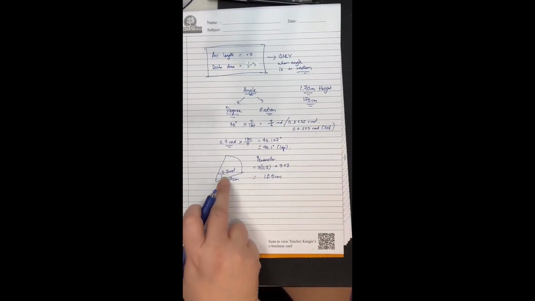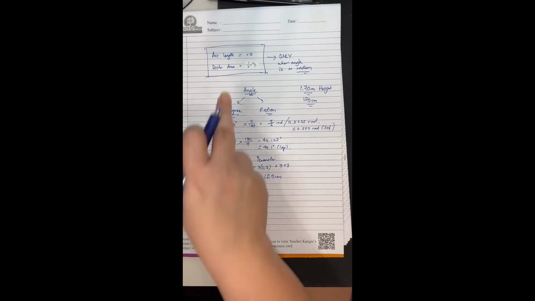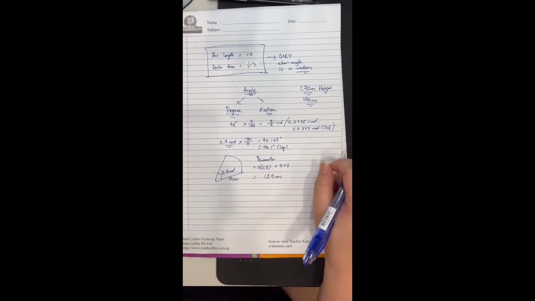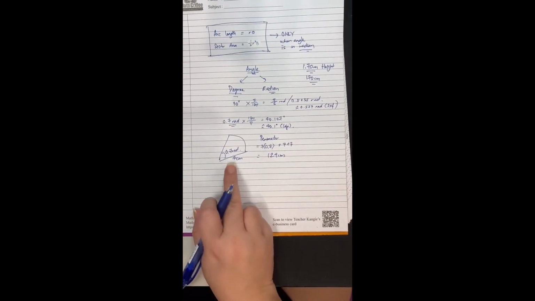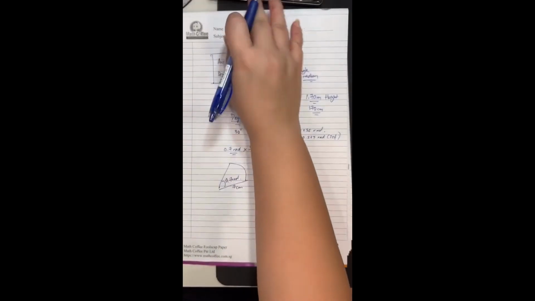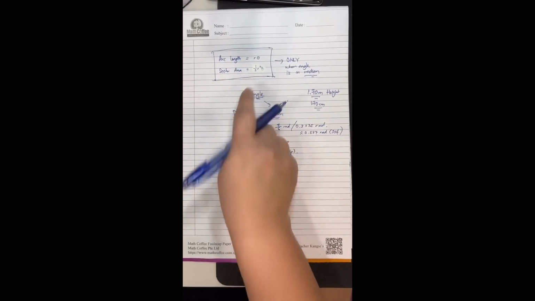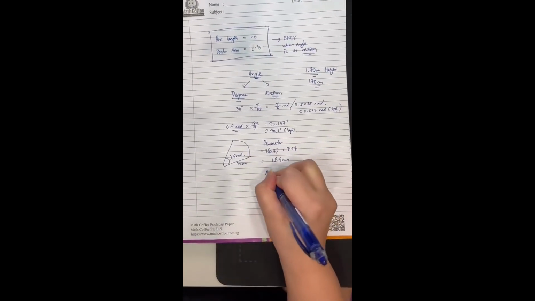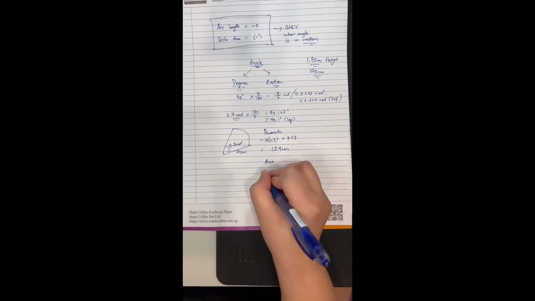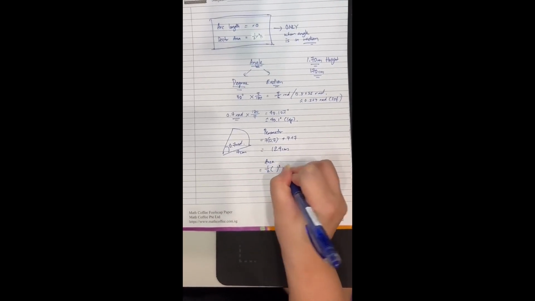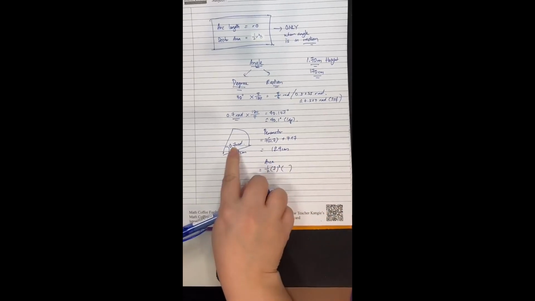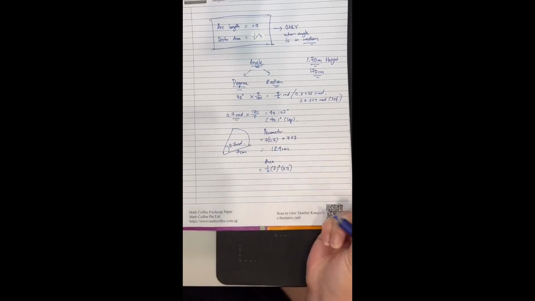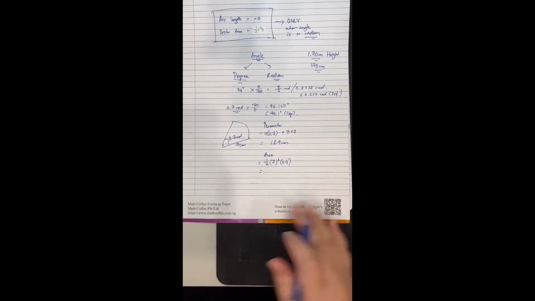When my angle is given in radian, I straight away just use the formula, correct? Same likewise, if let's say I want to find the area of this sector. You see my formula over here, sector area is just half r square theta. So I straight away use half r square theta. The radius is 7 and the theta in this case is 0.7 radian. So again, just key the calculator.